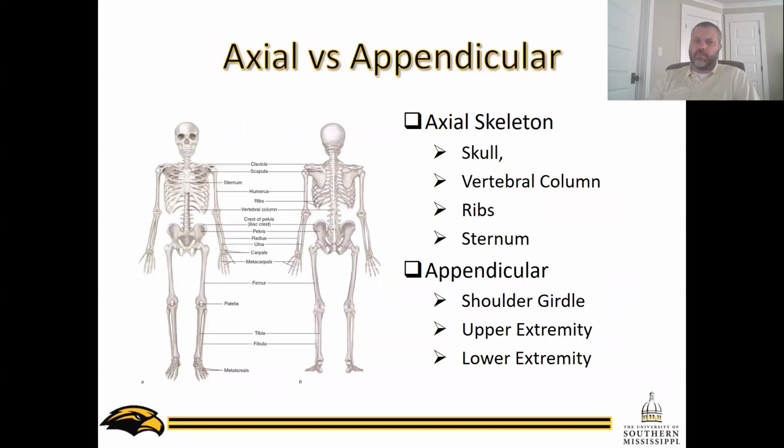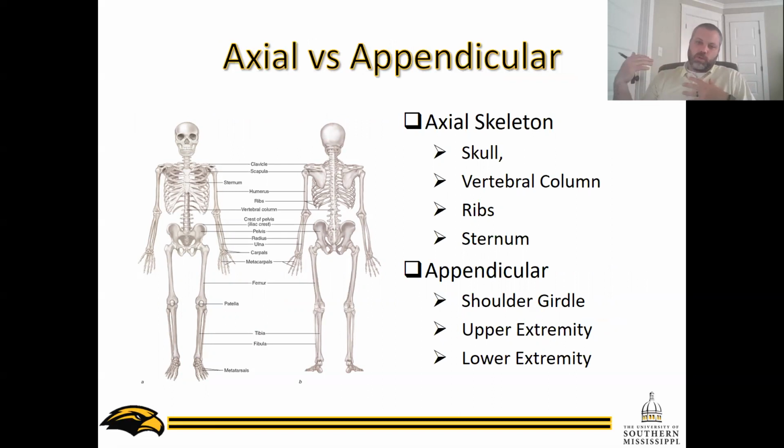So if we look at the differences between our axial and appendicular skeleton, the axial skeleton is going to be anything that's really in the center. So we're talking about skull, vertebral column, ribs, sternum. That's in that center midline area.